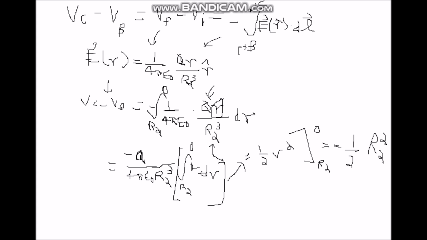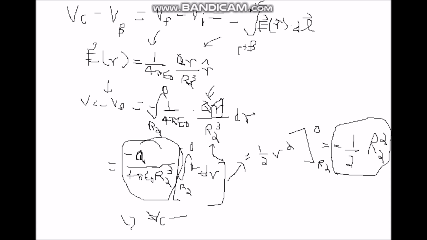So we can multiply this by this, and we end up with the following answer for VC minus VB: 1/2 times 1/4 equals 1/8, and our negatives have canceled out. So that's a 1/8 right there.